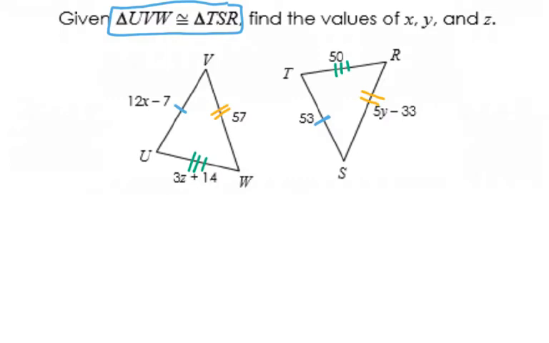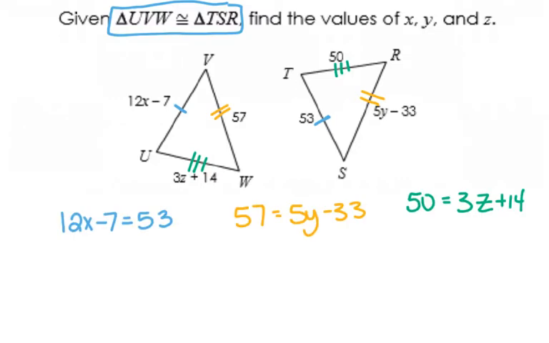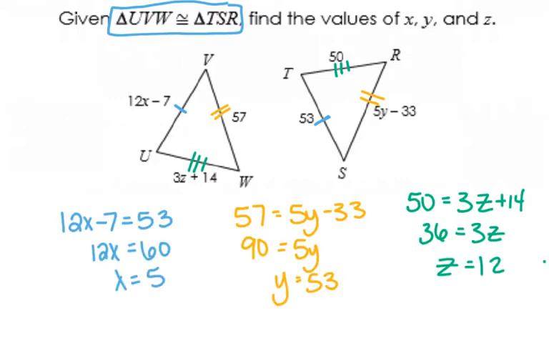Okay, and now you can start to set things equal to each other. So set some expressions equal to each other and solve. Pause the video and actually try it in 1, 2, 3. So this is how it should be set up, and now I'm going to solve. So hopefully you got x equals 5, y equals 53, and z equals 12. If you need further explanation, you can always message me.